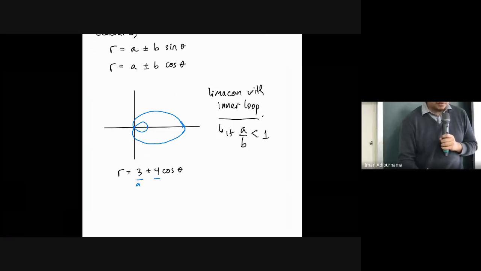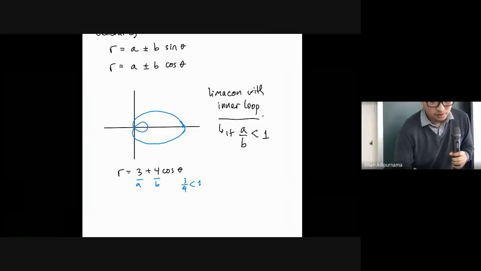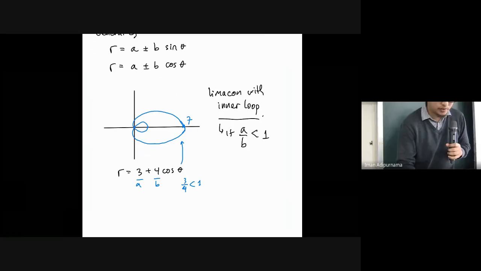So this is A, this is B. So 3 over 4 is less than 1. That's why it's an inner loop. And how do we decide the points here, here, here? These are the 3 important points in the limaçon. Let's say this is our curve. This point here is 7. This point here should be 4. And the point here should be 3.